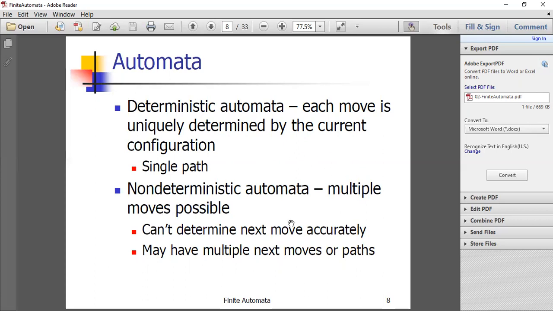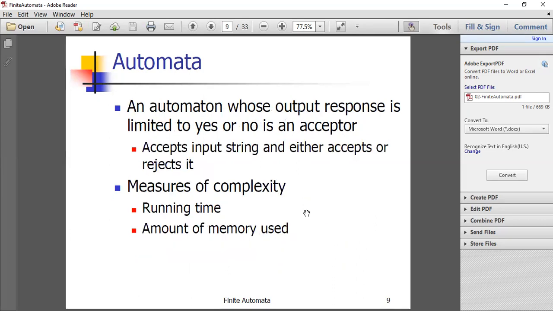But in NFA, multiple moves are possible from one state to another state. We cannot determine the next move accurately because we have multiple moves. So we are unable to find the exact state. It may have multiple next moves or multiple paths.